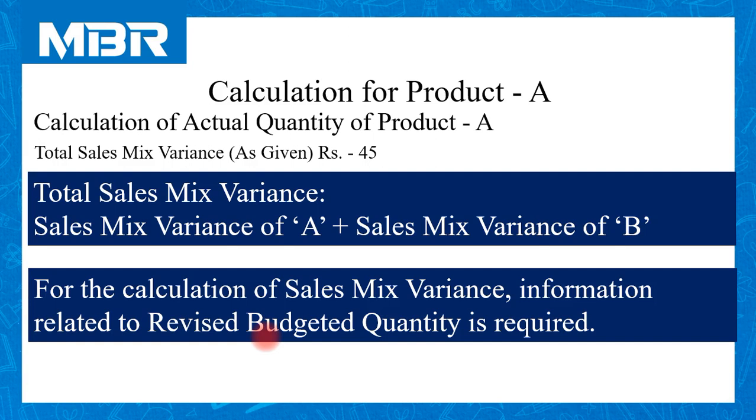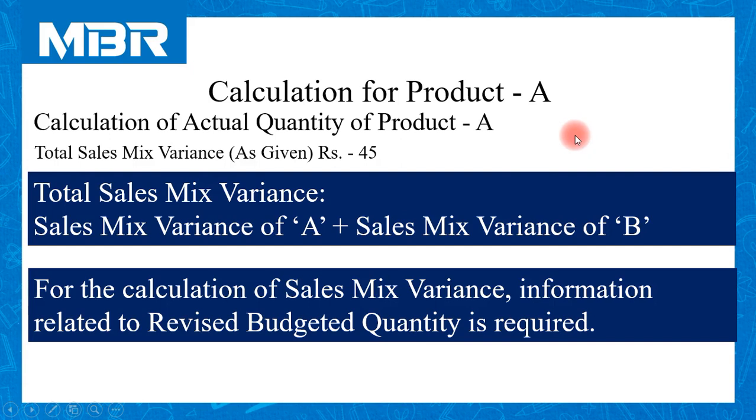Now, just remember the formula. For the calculation of revised budgeted quantity, again, you are in need of actual quantity of product A and product B both. But the problem is, actual quantity of product A is not given.